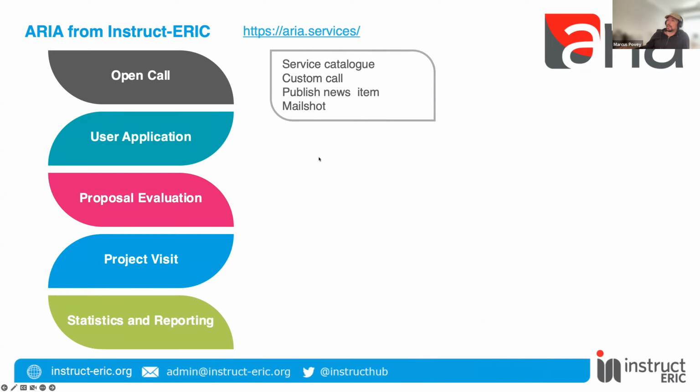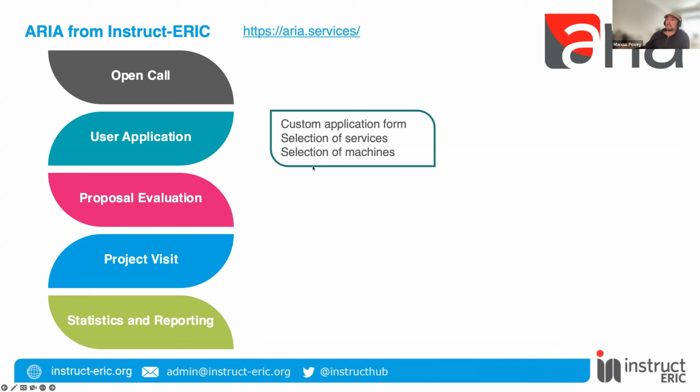You would be using some of the community tools. So we've got a CRM system, which you may not be familiar with. This allows you to announce your calls. The user will come along to apply. This will be discussed in a little bit more detail later.